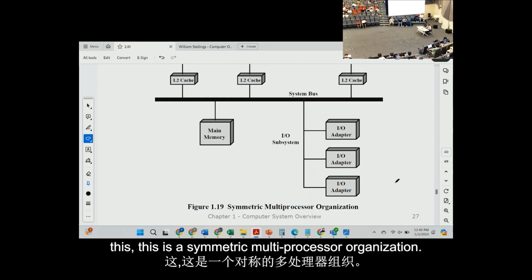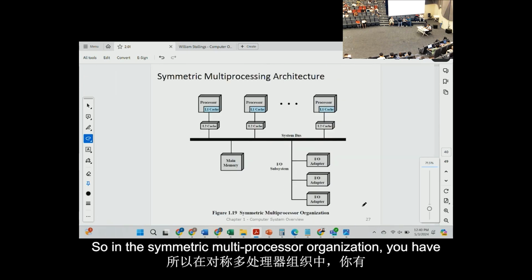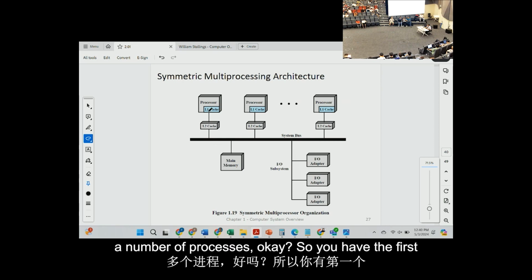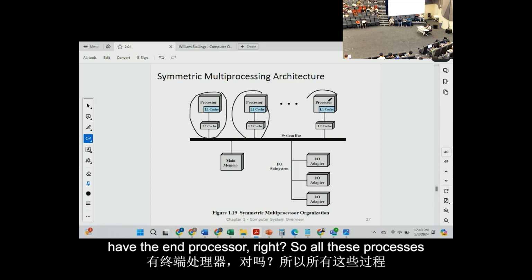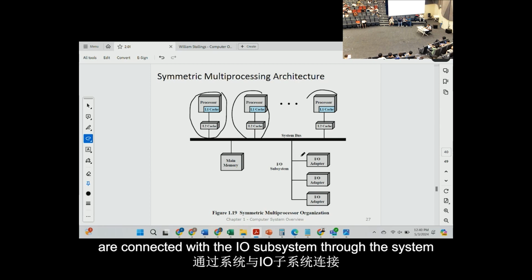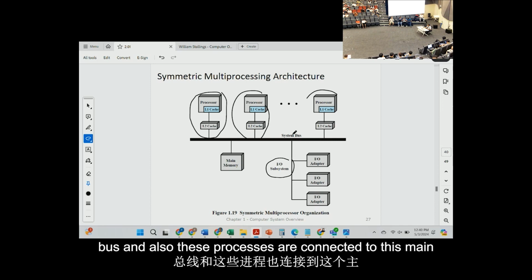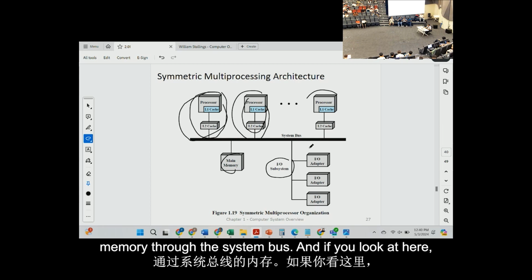So if you look at this, this is a symmetric multiprocessor organization. You have a number of processors: the first processor, the second processor, and also the nth processor. All these processors are connected with the I/O subsystem through the system bus, and also connected to the main memory through the system bus.